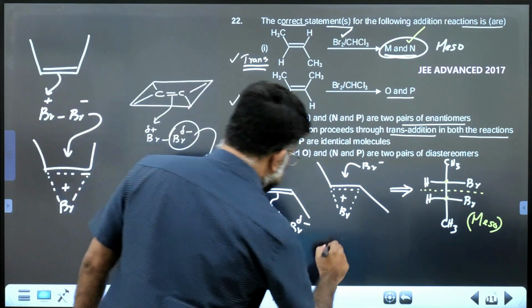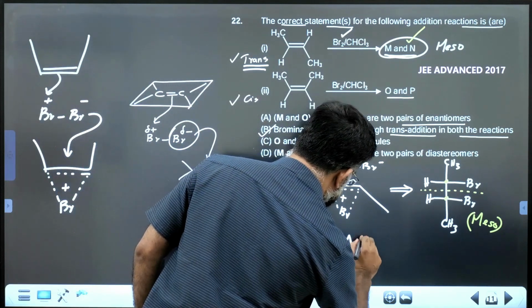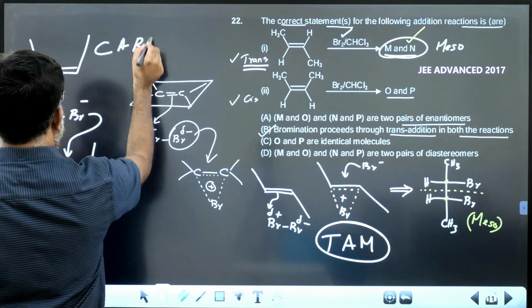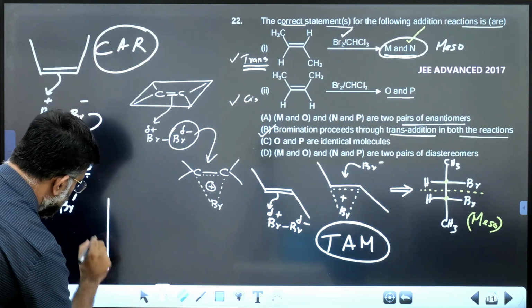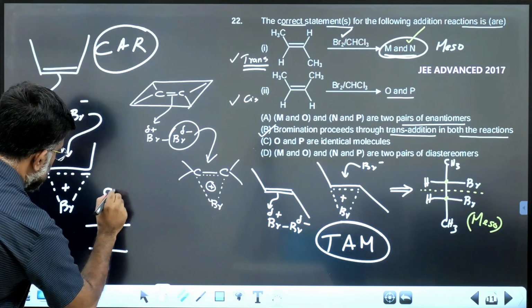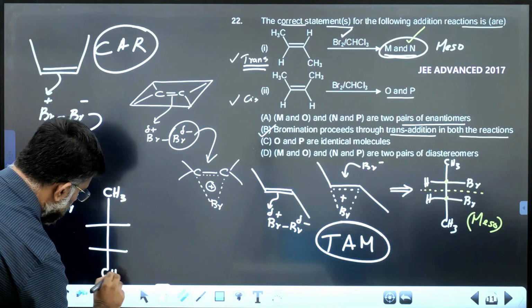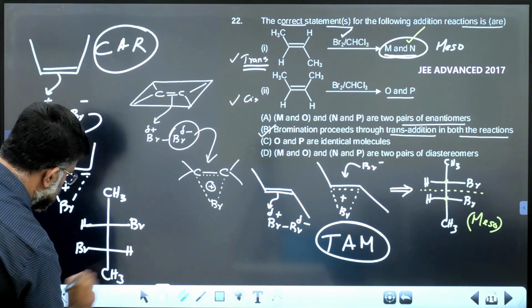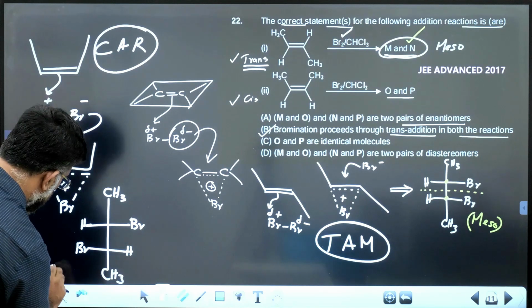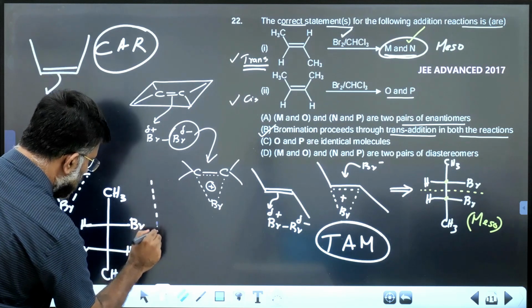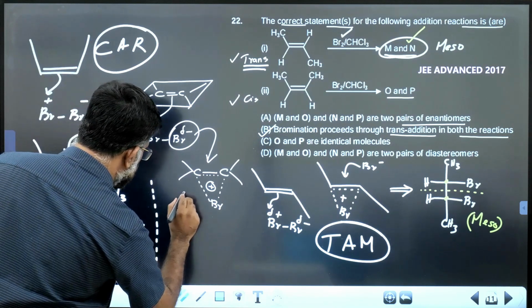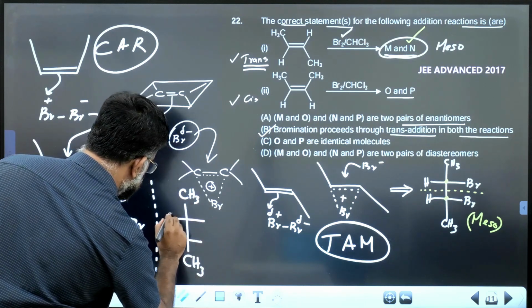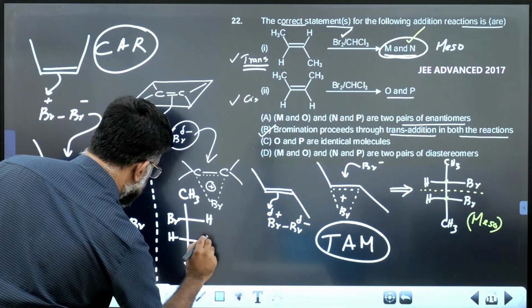This is trans compound anti-addition, which is meso, and here we have cis compound anti-addition. We will get a racemic mixture. What is racemic? It is an enantiomeric pair. You get H, Br, H. This is molecule number 1, say O. And you have the mirror image, the non-superimposable mirror image, CH3, CH3 like this, Br, H, Br.